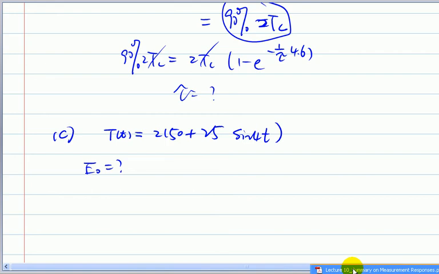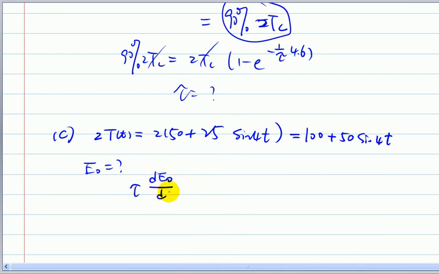Because we know the input, with K equal to 2, that equals 100 plus 50 sine 4t. So basically tau dE naught over dt plus E naught equals 100 plus 50 sine 4t. You get the value of tau from here.